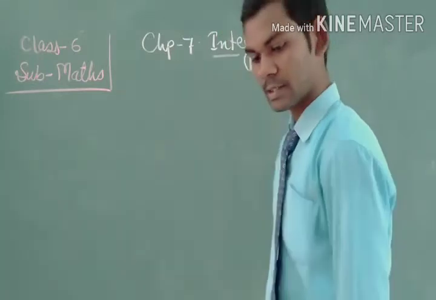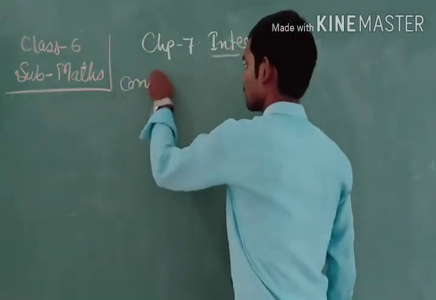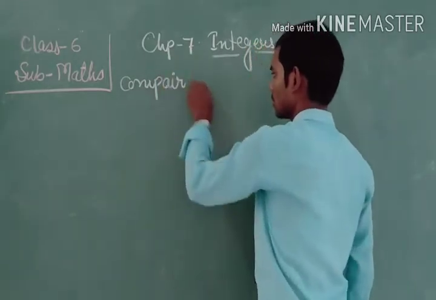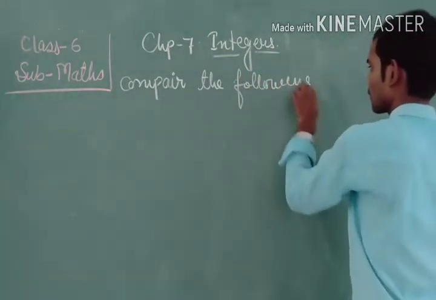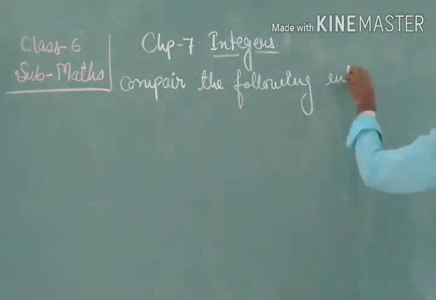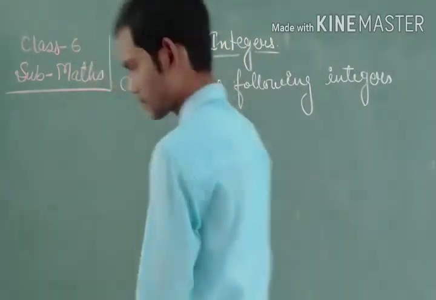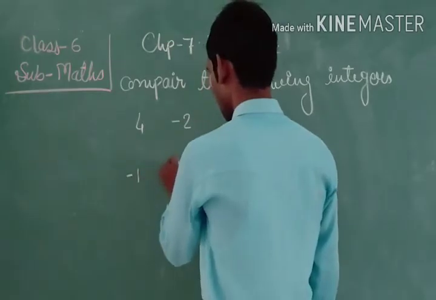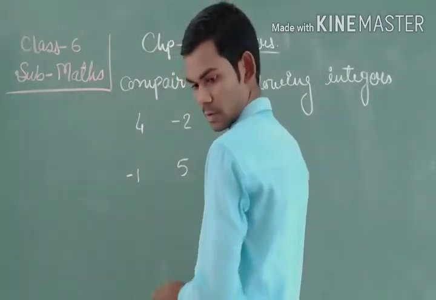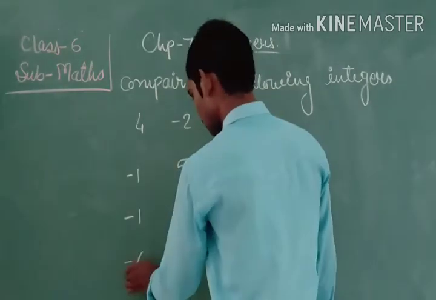Let's start our exercise, in which there is a question: compare the following integers. Okay students, here some questions are given: 4 and minus 2, minus 1 and 5, minus 1 and 0, and minus 6 and minus 8.